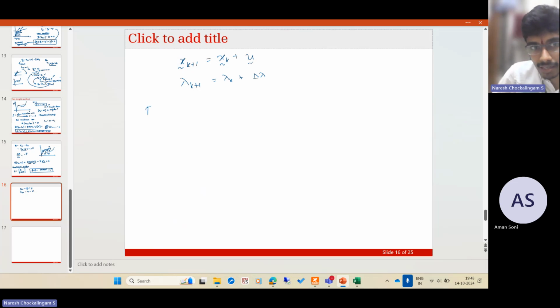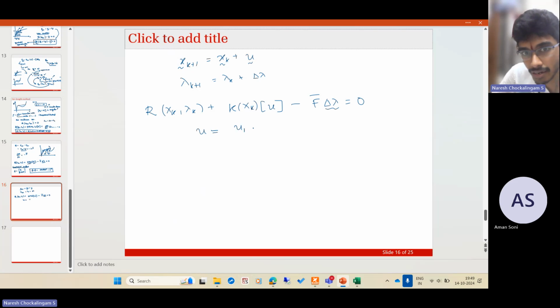For both of them together, we have one expression, which is r of xk comma lambda k plus k of xk, the tangent computed from the previous step, acting on the displacement, minus f bar delta lambda is equal to 0. So this is a scalar, this is a vector. So one trick is you can split the u into two components.